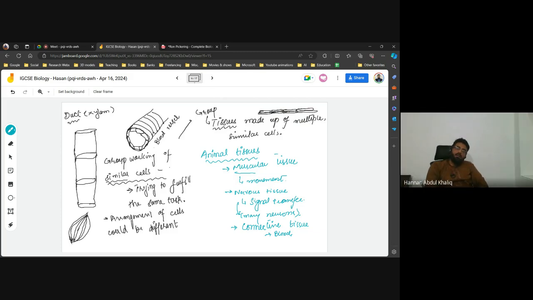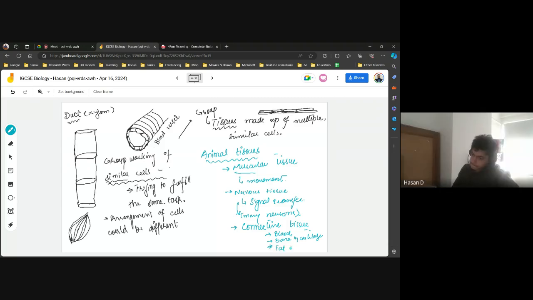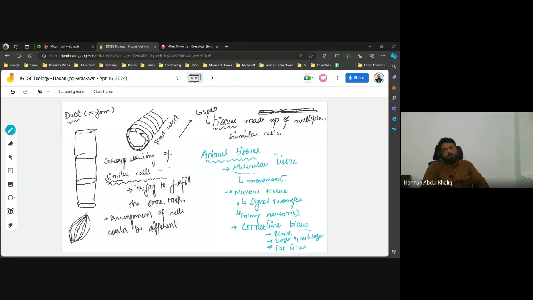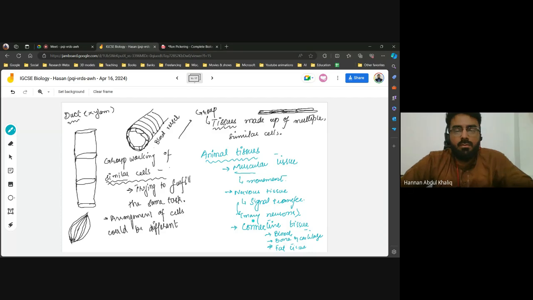That's right. Next is the bone, bone and cartilage. They physically connect. Another type of connective tissue is the fat tissue. Very important tissue.